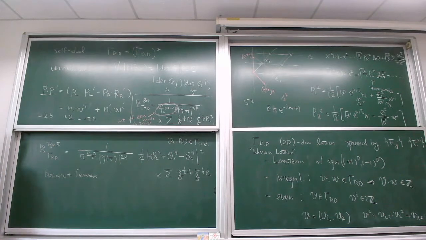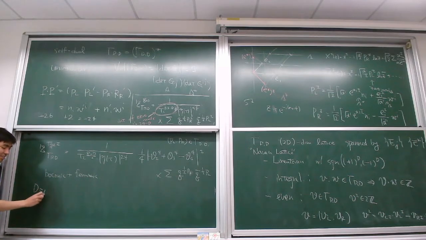Do the same thing for the superstring. What is the bosonic contribution for the holomorphic sector? How many exponents? How many copies of eta do you need? What is the dimension? D is 10. Okay?